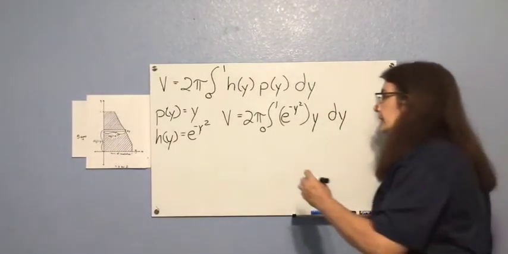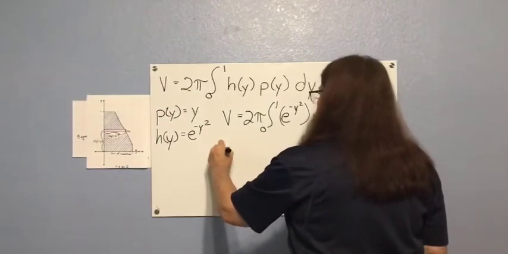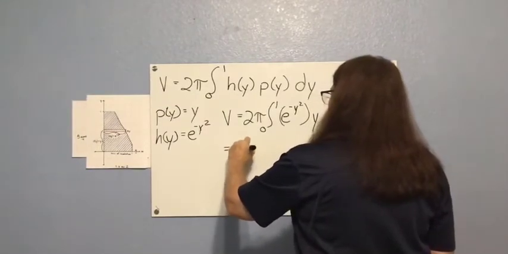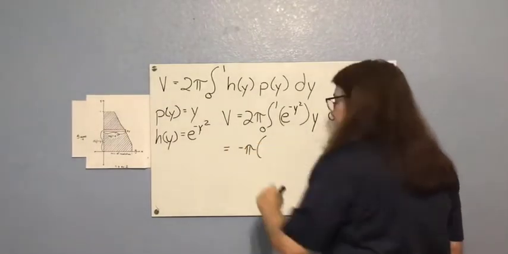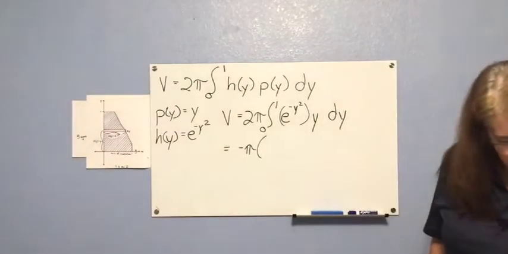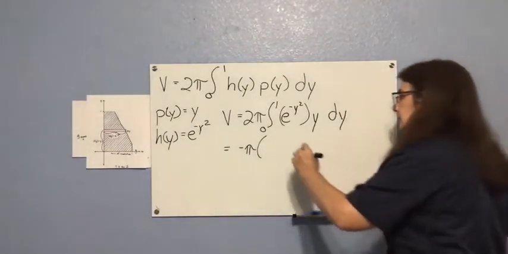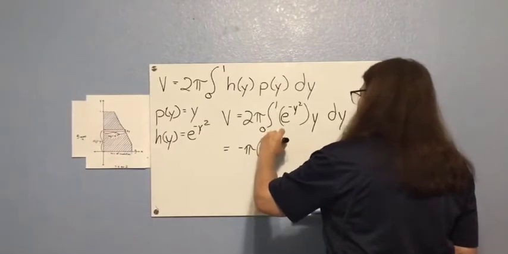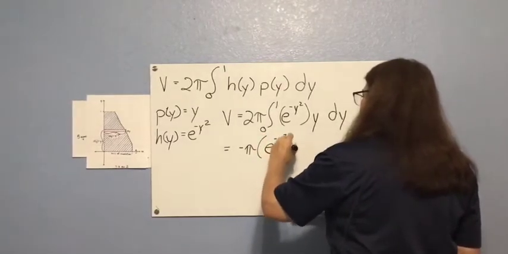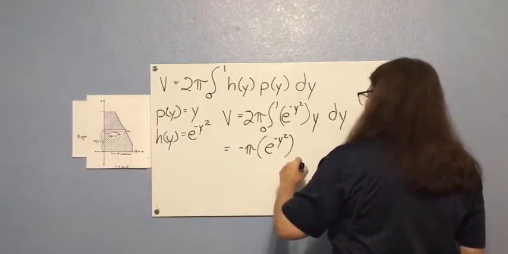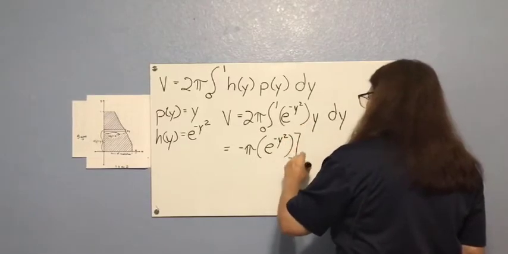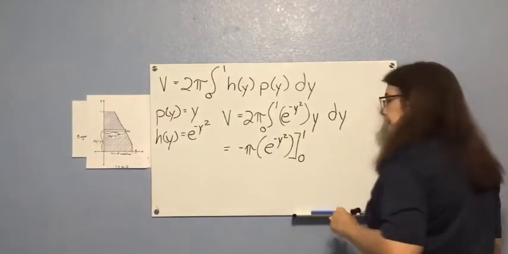When I integrate, I get negative pi times e to the negative y squared evaluated from 0 to 1.